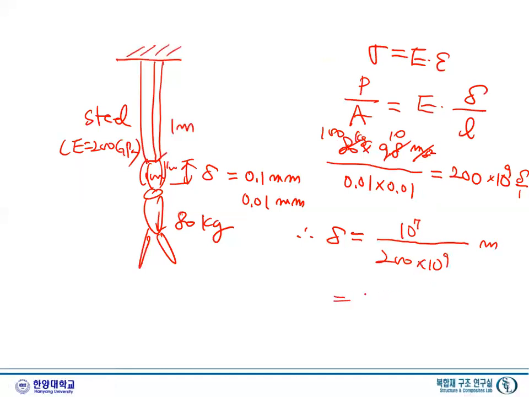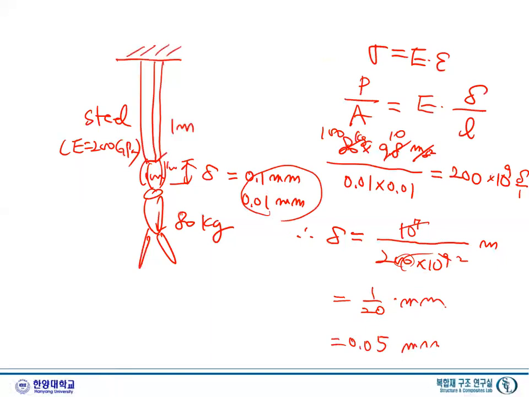So this one, say this one is 10 to the 11, and okay, 10 to the 7, this is a 2, and then this one, 1 over 20 millimeters, right? 10 to the 3 is a meter, and so this is a millimeter. Which is 0.05 millimeters. So it was a good guess.